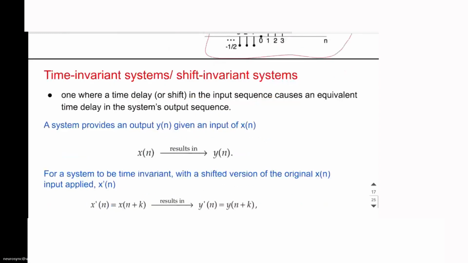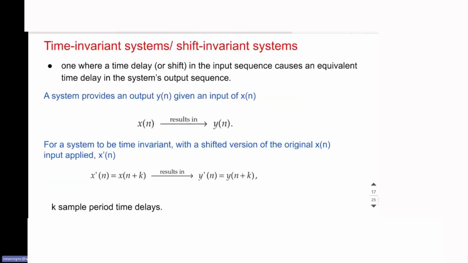Now, basically, we have these systems on which we give some input, and we get some output. Now, how are these systems? We have a system having x of t as an input, and we get y of t as the output.